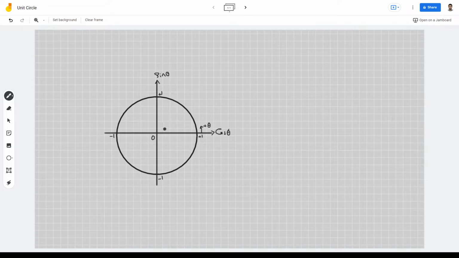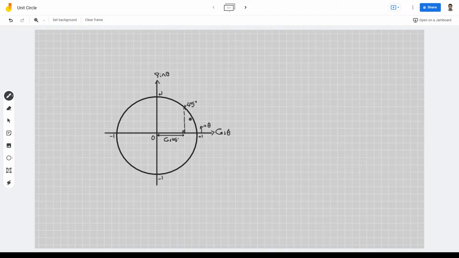Remember the angle I told you, 45 degrees, for example. 45 degrees is here. If I project 45 degrees on the cos axis, the distance between the projected point and the origin would be the magnitude of cos 45 degrees. So here is cos 45 degrees.